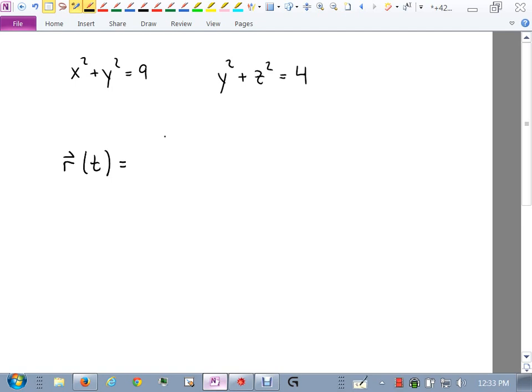And then I just changed the z-coordinate to move it up and down. So why don't I make my vector function? Now I can't use cosine t, sine t exactly because that'll draw me a unit circle. I don't want to draw a unit circle. I want to draw a circle with radius 3.